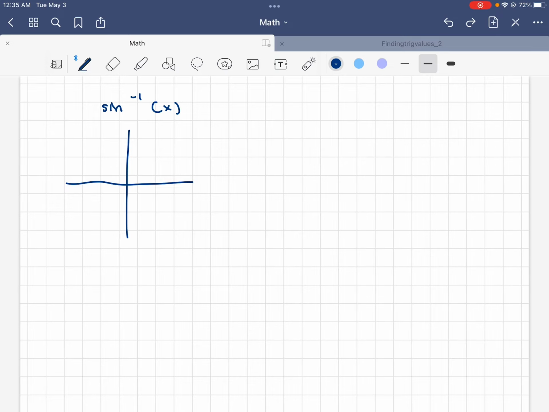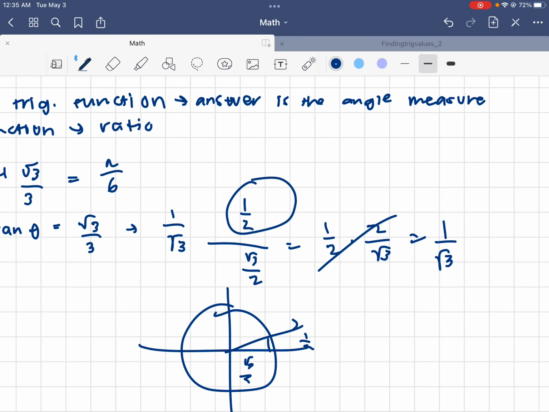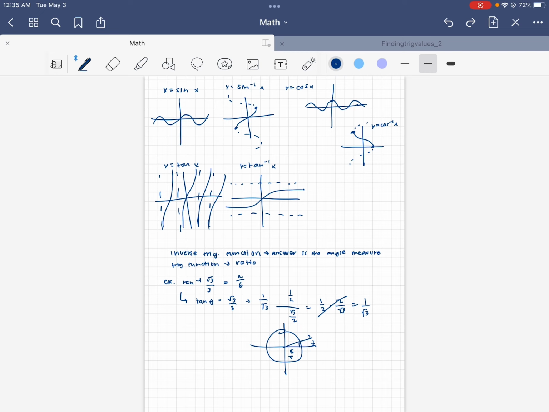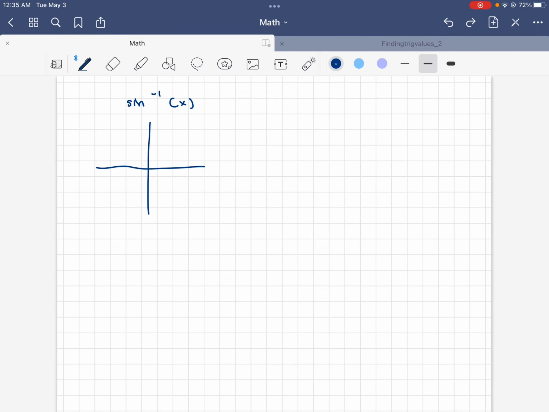Technically, say the example we just did: I said the opposite had to be this and the adjacent had to be this, and that could be more than one point on the circle. It could be here, here, or here. But with this specific ratio and this specific question, it's limited to quadrant 1 and technically quadrant 2 as well.